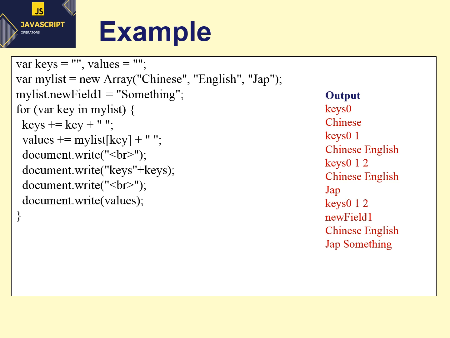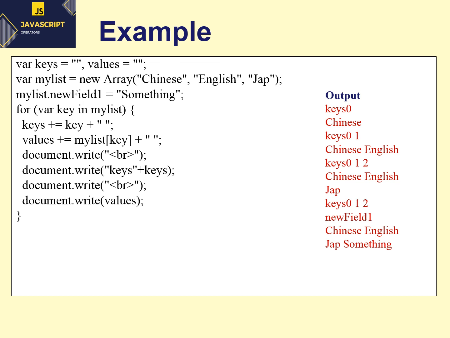At present a single iteration has happened, so key has the value 0. Then document.write of a line break, then document.write of values. At present values has Chinese. So the first two lines printed in the output are keys 0, Chinese.